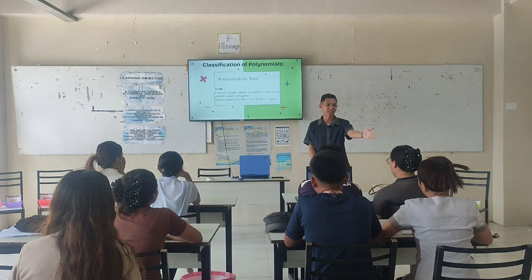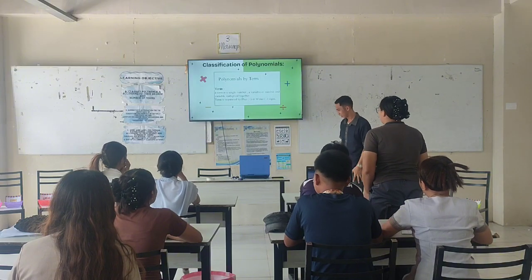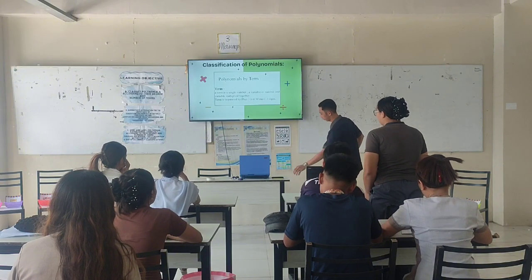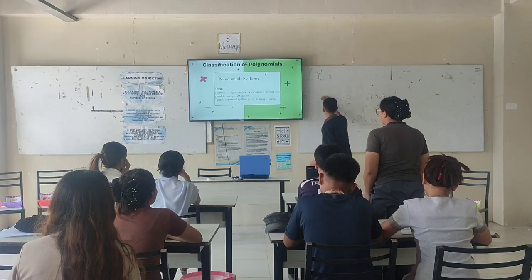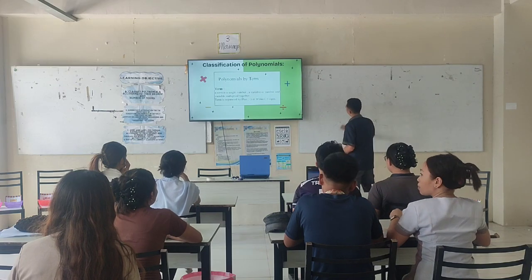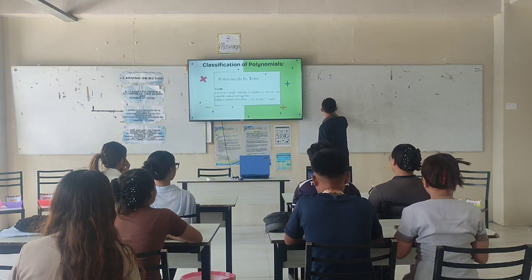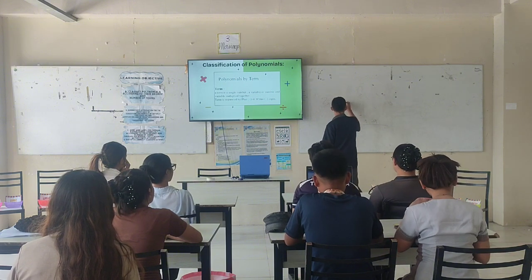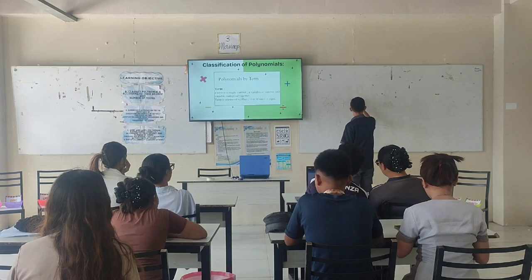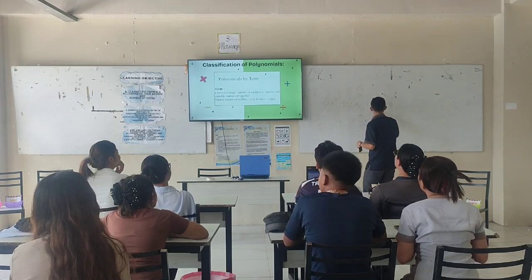Can anyone read? Miss Sherry, what is term? A term is a single number, a variable, or number and variable multiplied together. The term is separated by plus or minus signs. Okay, so let's see this expression like x squared plus 2x plus 3.